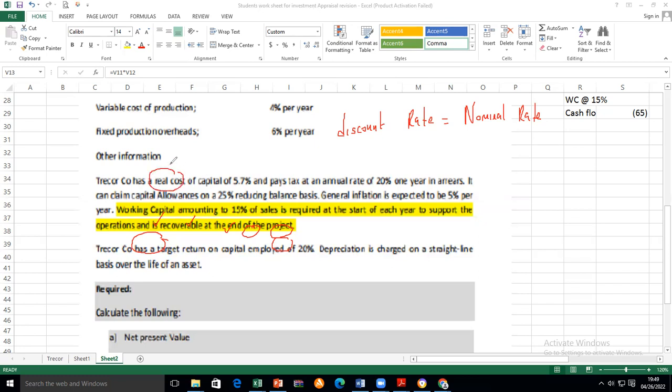Real rate. So this real rate, you need to convert into money rate using the general inflation rate of 5%. Now remember, 1 plus money rate equals 1 plus real rate multiplied by 1 plus inflation rate.